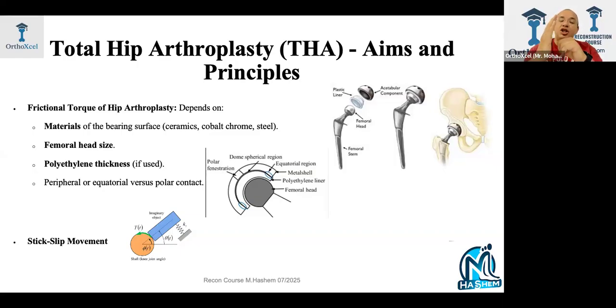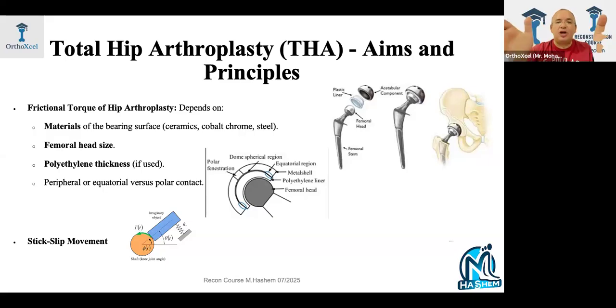What will happen? You will end up with the weight bearing area at the edge of the cup, and this is what's called edge loading. So you yourself have made a smaller area of friction between the two surfaces, so you make the frictional torque higher. So you actually change the frictional torque by the inclination of your cup.